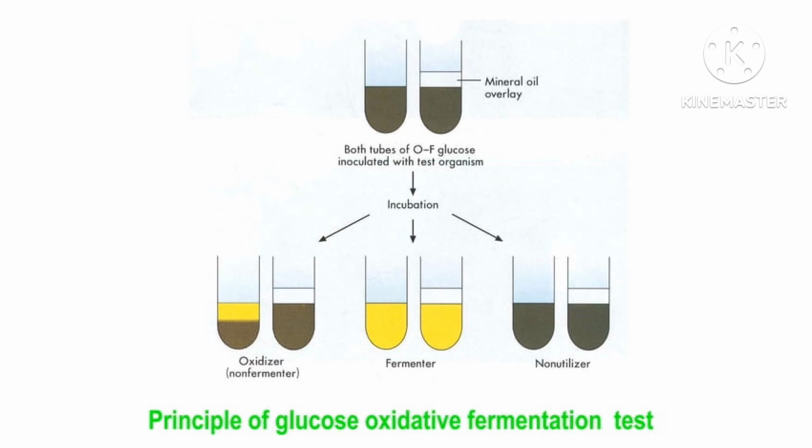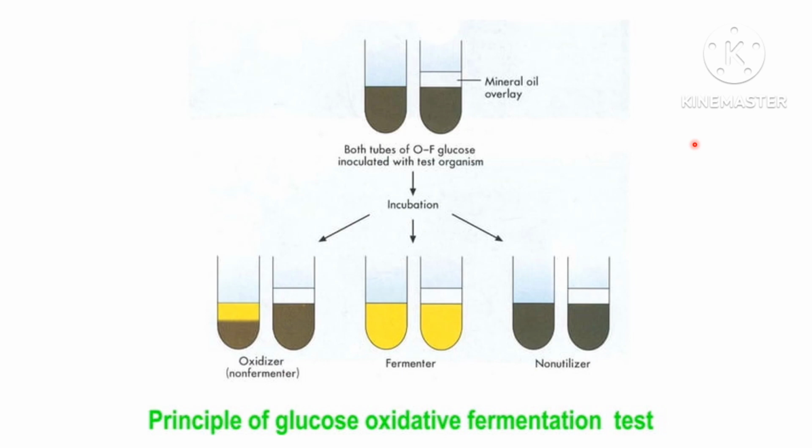So this is the principle showing glucose oxidative fermentation reaction, where carbohydrate is seen in high concentration in the medium. As you can see in this first picture, one tube is overlaid with mineral oil, which gives an anaerobic condition for the organism to grow, whereas the left tube is not with the mineral oil.